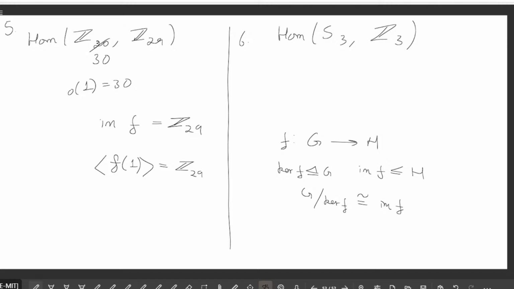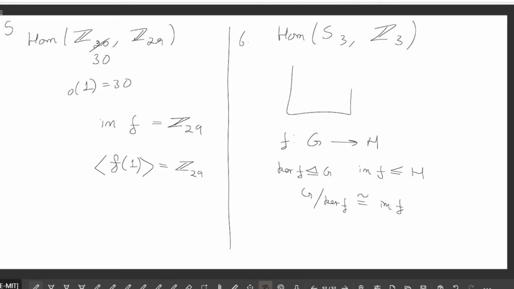Okay. So in order to get the homomorphism, one necessary condition is that the homomorphism must have some kernel, so some normal subgroup of S3 must be there.